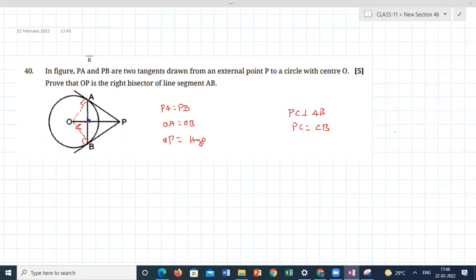Instead of RHS, we can prove it with the SSS criteria also. I will explain in the solution when I'm explaining.